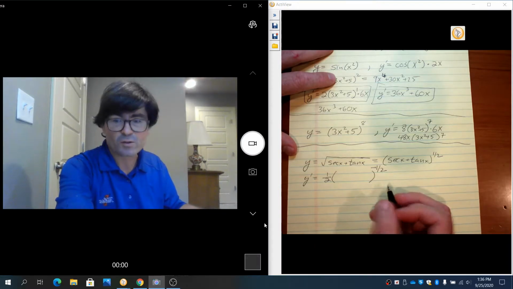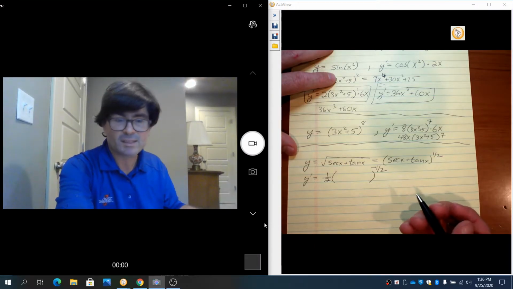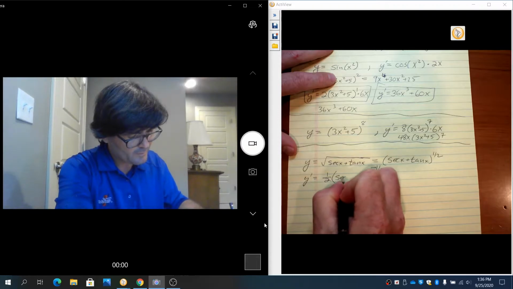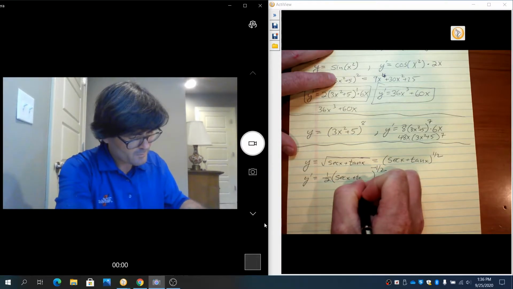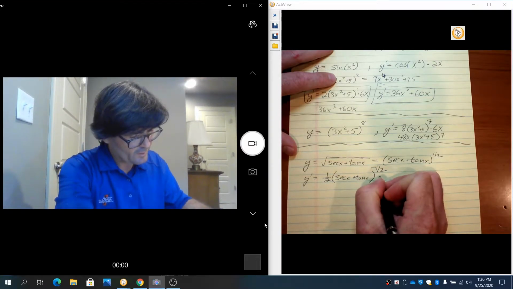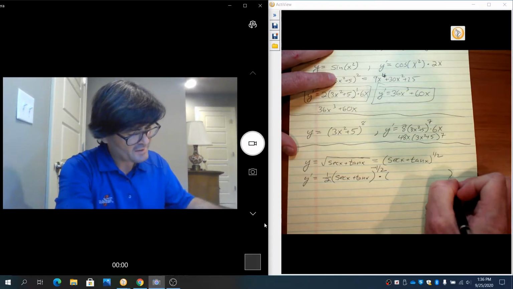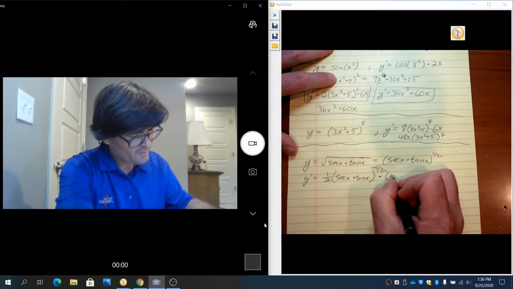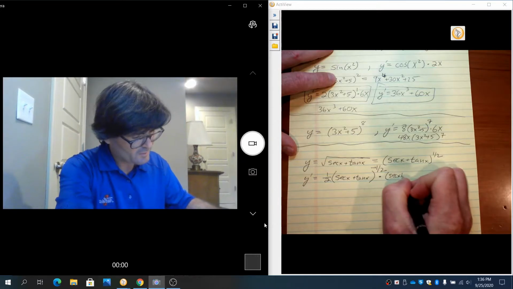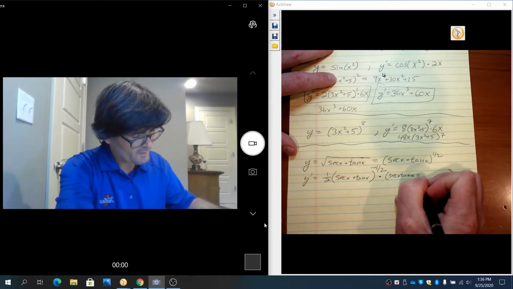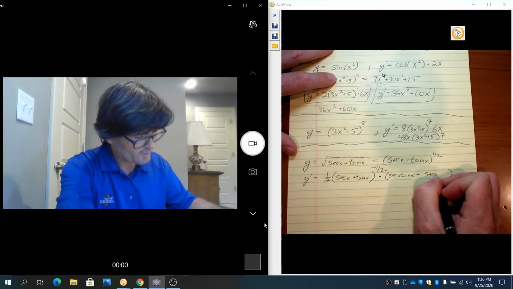And now that's the first step. The second step is to recopy the inside. And then hopefully you know the derivative of secant and tangent. The derivative of secant is secant tangent, and then the derivative of tangent is secant squared.